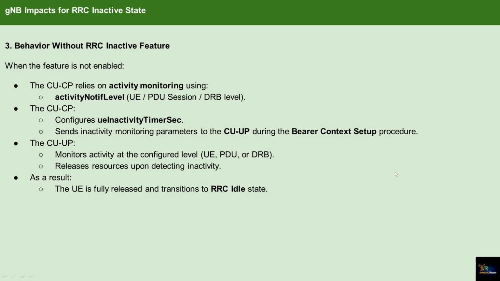The CUCP monitors activity at the configured level, and the UE, PDU session or DRB releases resources upon detecting inactivity. As a result, the UE is fully released and transitions to RRC idle state.